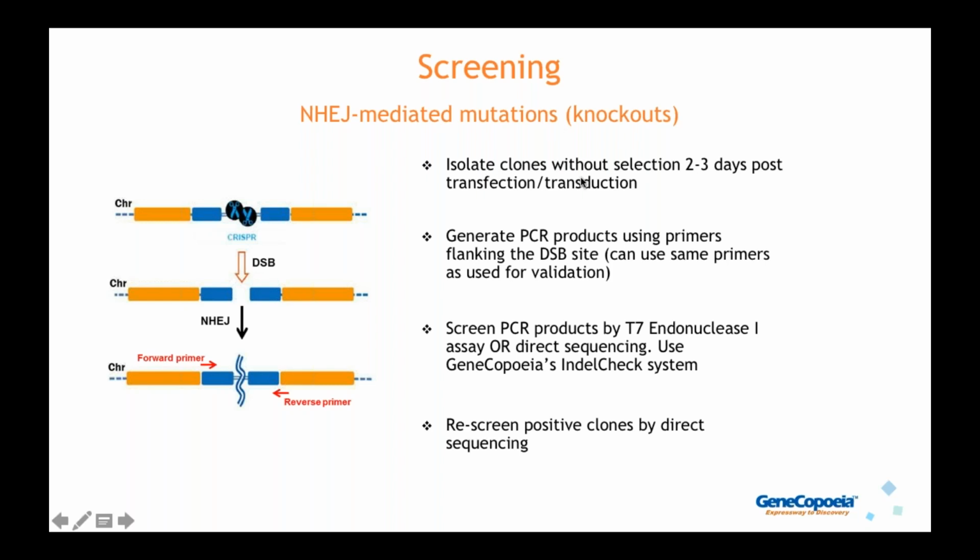So we recommend isolating clones without selection 2 to 3 days post-transfection, generating PCR products using primers flanking the double-strand break site, screening the PCR products using the T7 endonuclease 1 kit, or you can even do direct sequencing, and then resequence positive clones by direct sequencing.